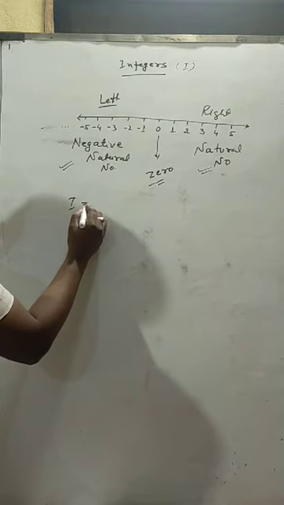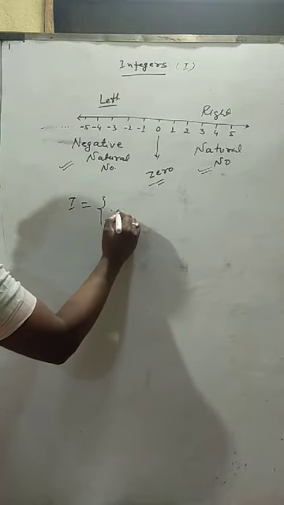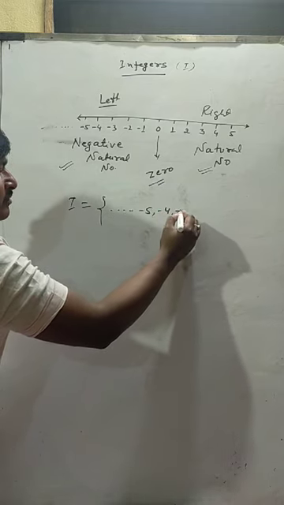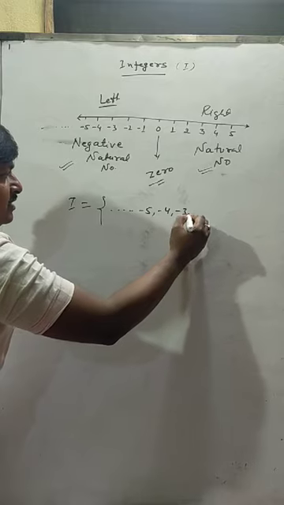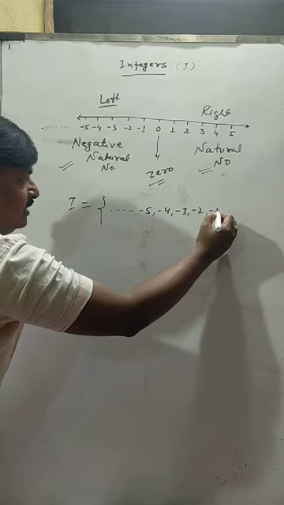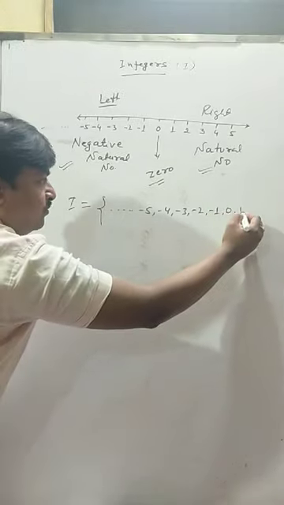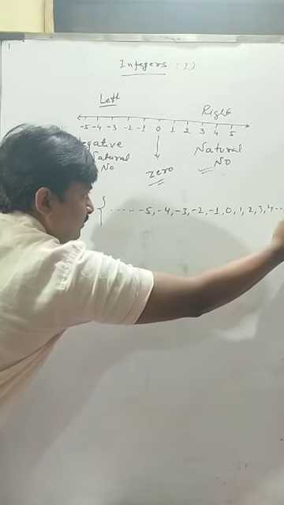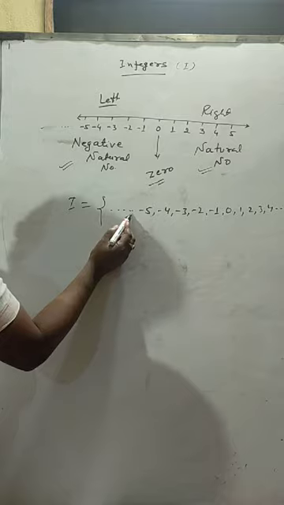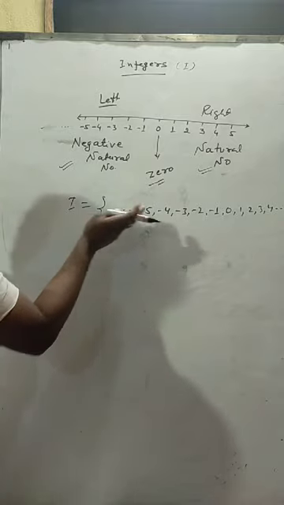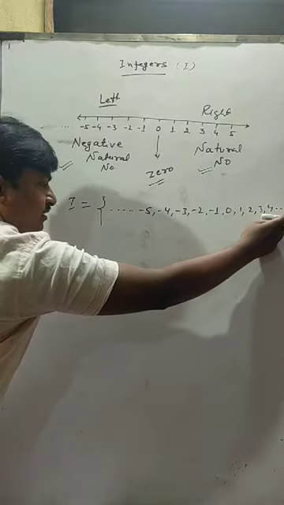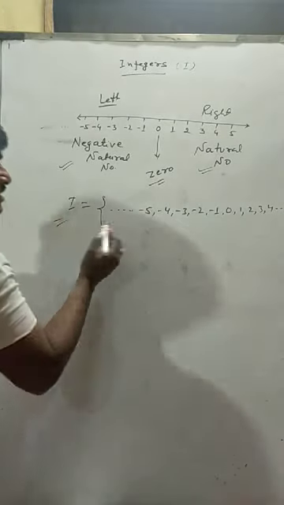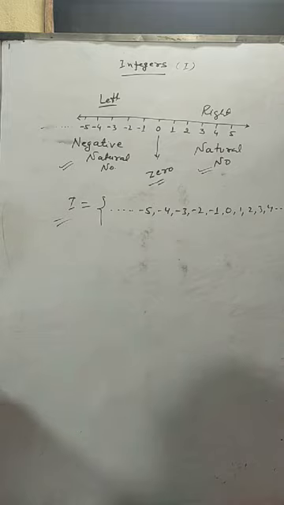Or we can say that I is a set of -5, -4, -3, -2, -1, 0, 1, 2, 3, 4, till this dot, which indicates the infinite negative natural numbers. This dot indicates the positive natural numbers, and this is 0. This is the set of integers.